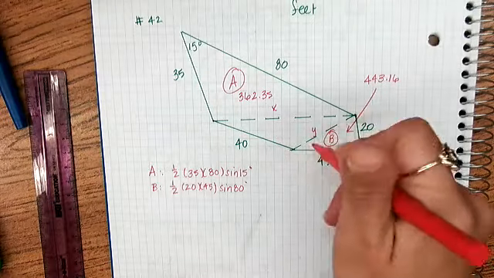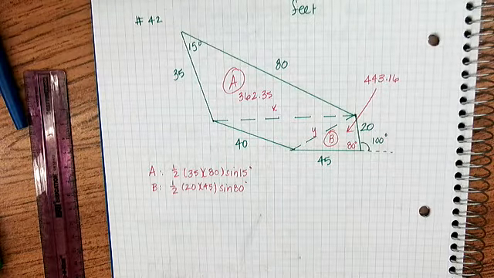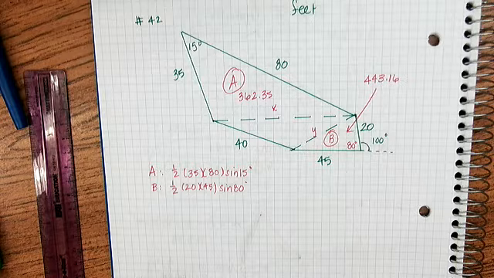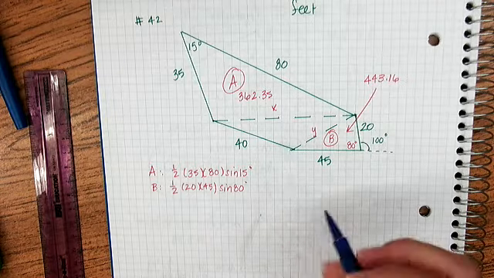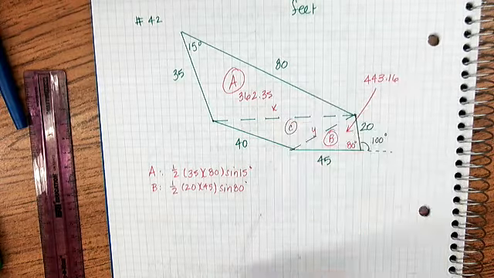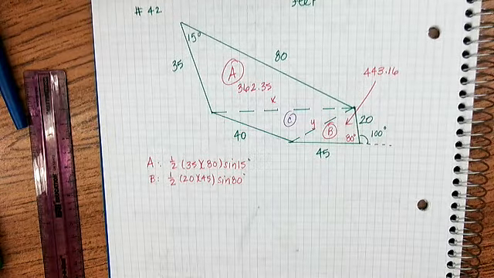Okay, I'm going to find X and I'm going to find Y so that I can use Heron's formula maybe to find the section C. Might be a faster way to do this.